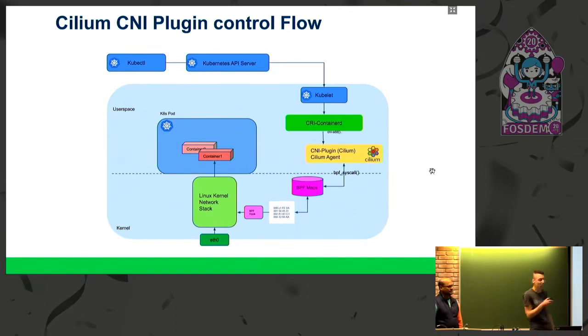And then the communication between those BPF programs which are loaded into the kernel goes through BPF maps, which are exposed to the user space. So the Cilium agent, after generating the BPF program, compiling it, and loading it to the kernel, keeps in contact with the BPF program by using maps.